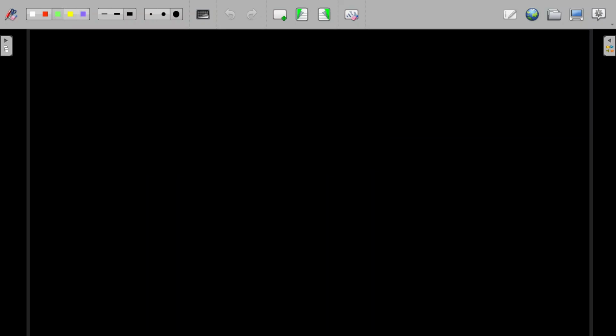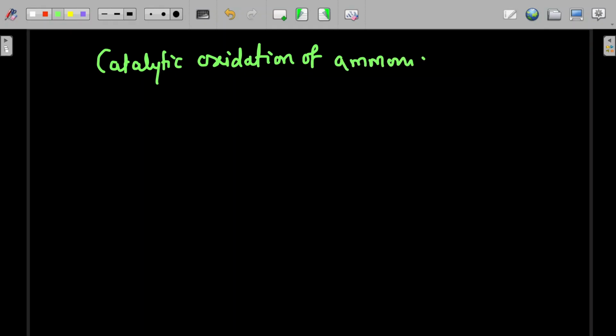Second one, with catalyst, we call it the catalytic oxidation of ammonia. And this is the first step of which process? Hmm? This is the first step, which process? Ostwald's process. Yes. To prepare nitric acid, we use ammonia as a starting material.